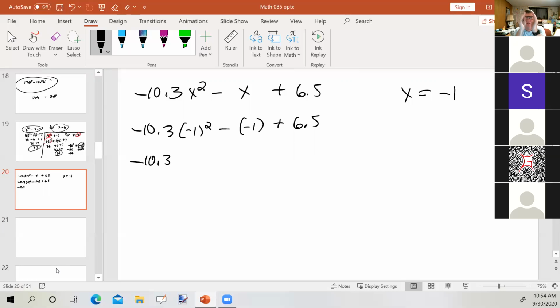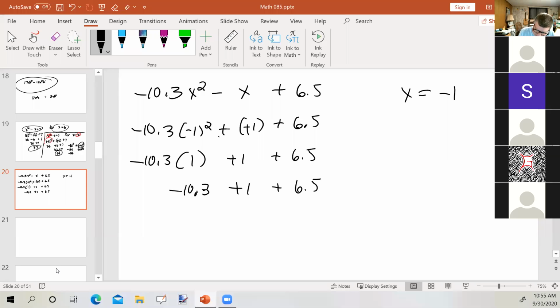Well, negative 1 times negative 1 is what? Positive 1. Subtracting a negative is like adding a positive. So we've got what? Negative 10.3 times 1 is negative 10.3 plus 1 plus 6.5.